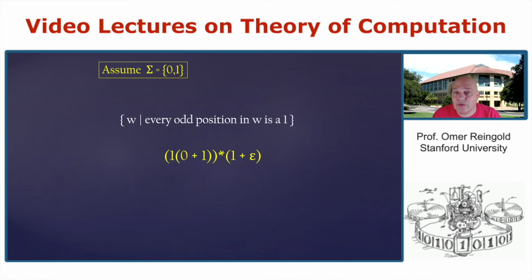This will give you all the even-length strings, but you can also take it 0 times, and you concatenate it with 1 plus epsilon. So this will give us the empty string, which is in the language, because in the empty string there is no element in the odd position, and therefore it satisfies this requirement trivially, and the string that is just composed of a single alphabet character, which is 1.